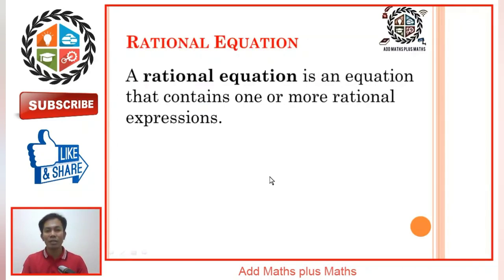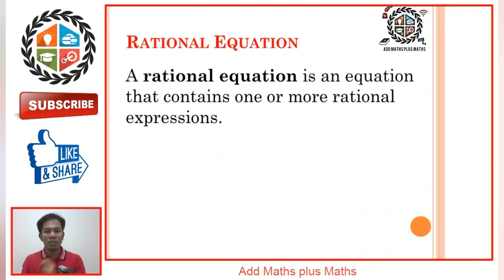A rational equation, so unahin natin yung first objective. A rational equation is an equation that contains one or more rational expressions. Okay? So, it is an equation. Kung sinabi natin it is an equation, mayroon pong equal sign in between two expressions. Okay?